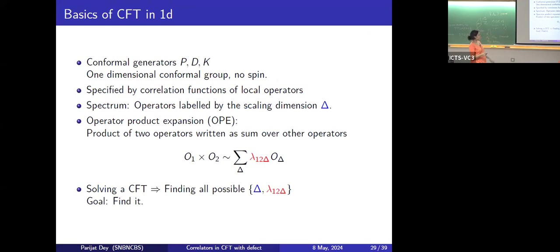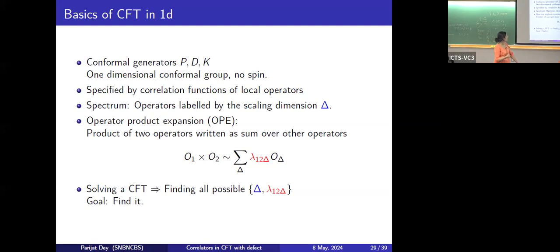Since we are on the line, we have one-dimensional conformal symmetry, with one momentum, one dilatation, and one special conformal transformation generator. This is a one-dimensional conformal group, so there is no spin, no rotation.